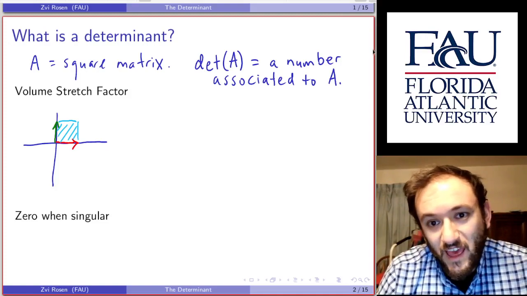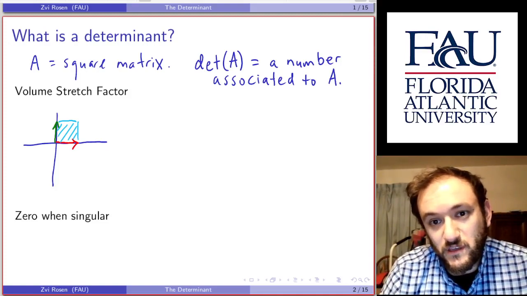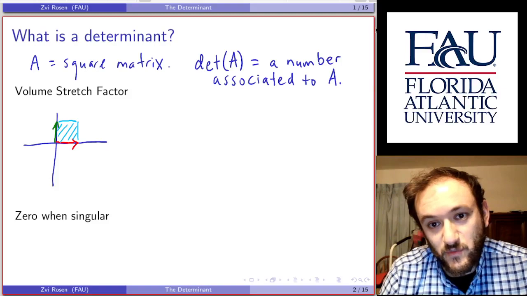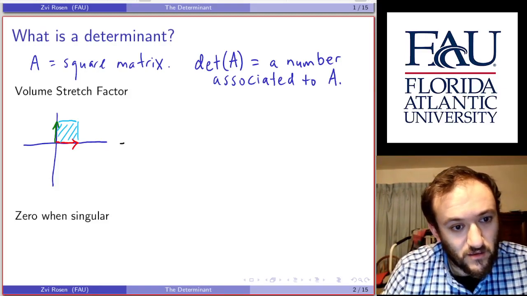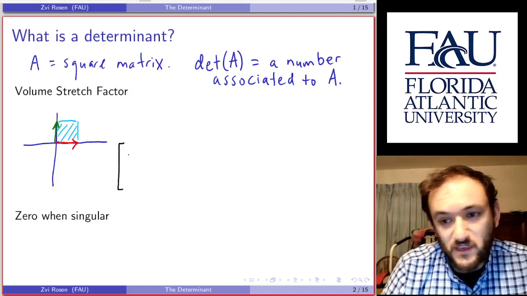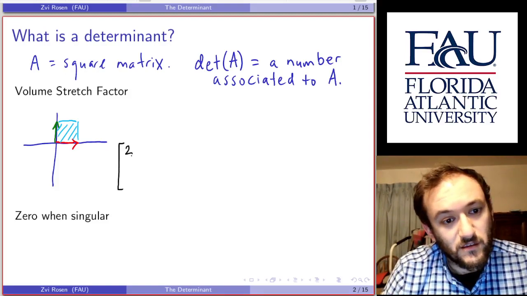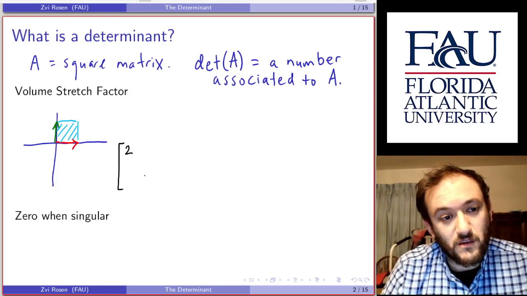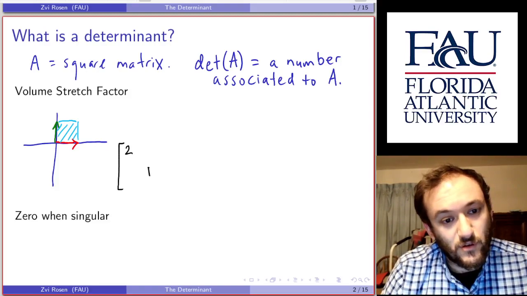Now let's consider what happens to this space when we do a matrix transformation. So let's take the matrix to be something simple like 2 and 1/3.